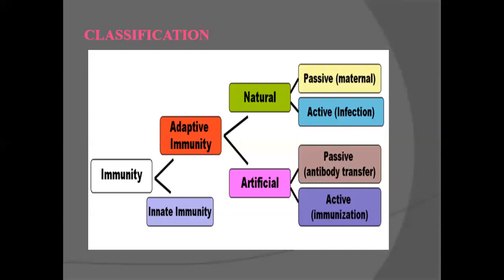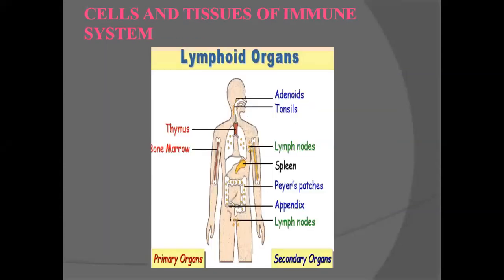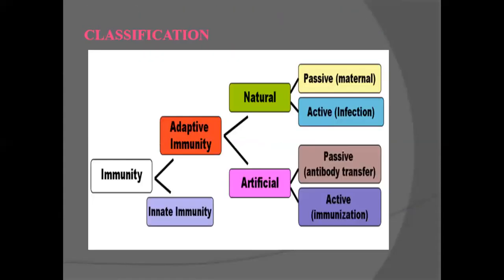Innate is something which is inborn. Adaptive can be natural or artificial. You may get the immunity naturally from your mother. You're getting it naturally from mother to the fetus, which is passive.